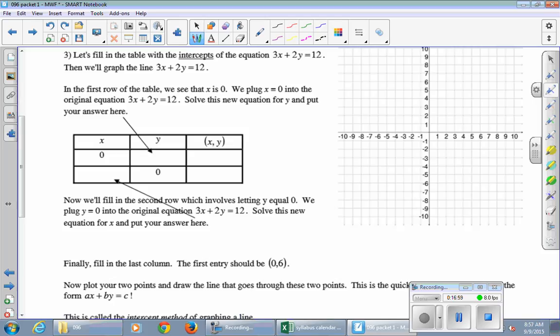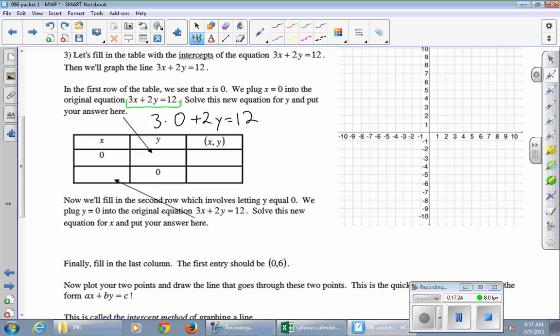So what we're going to do is pick our favorite number for x. Now, my favorite number for x is 0 because that makes a term disappear. You can see that's filled in the first row. And we're going to rewrite this equation right here, but we're going to change the x into a 0. So 3 times 0 plus 2y equals 12.